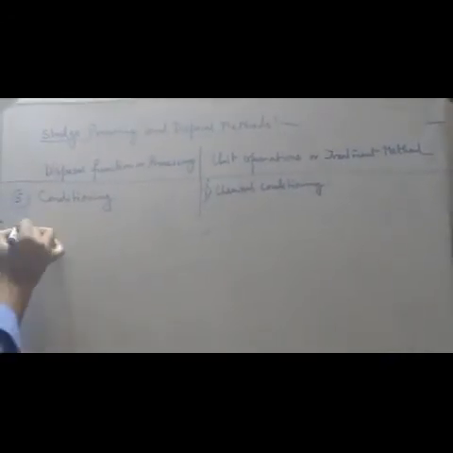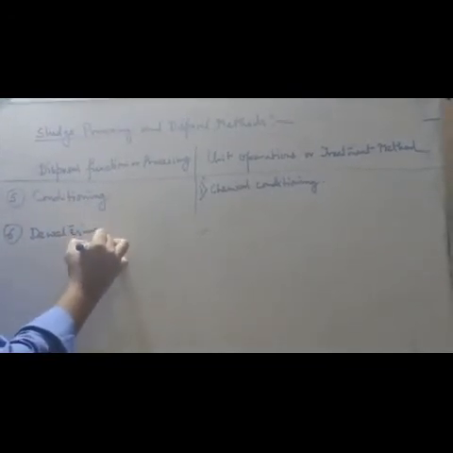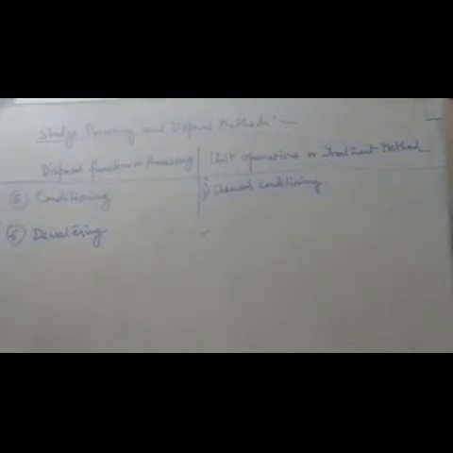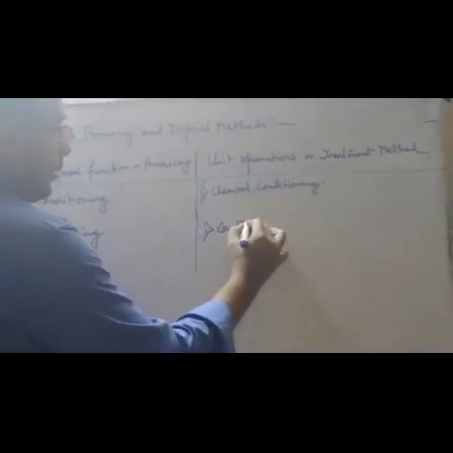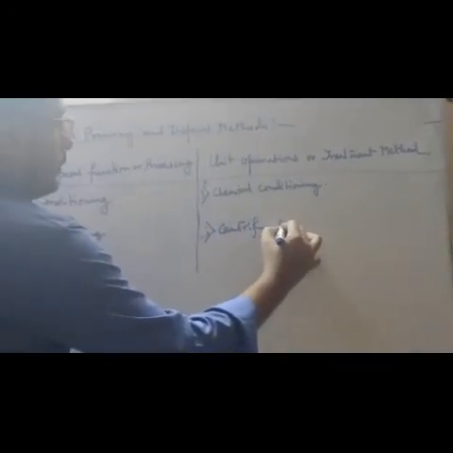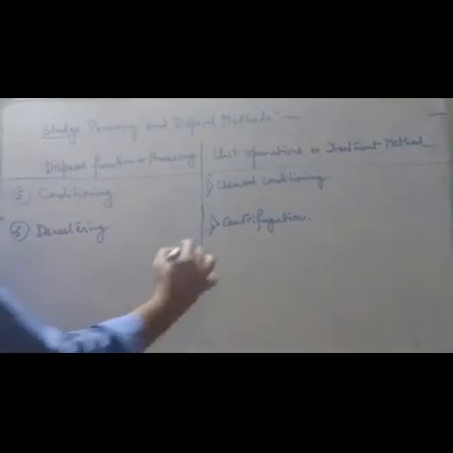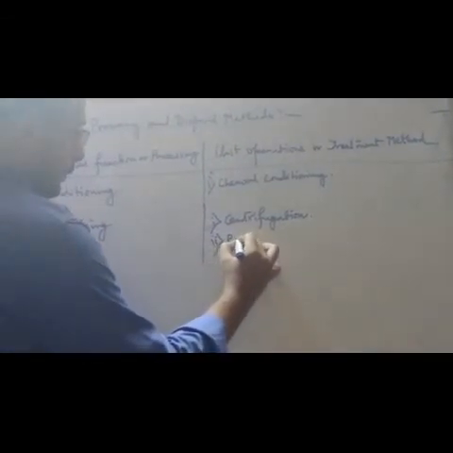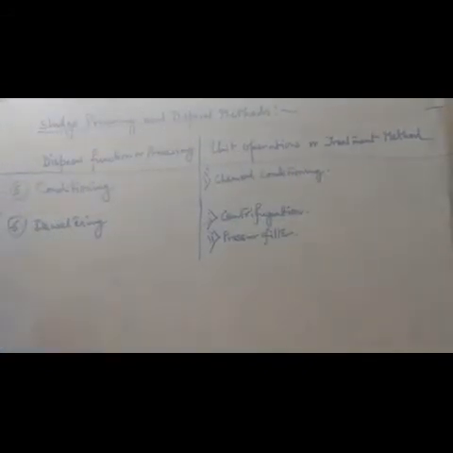The next is dewatering. For dewatering of the sludge, the first thing we can use is centrifugation. The second is the pressure filter.